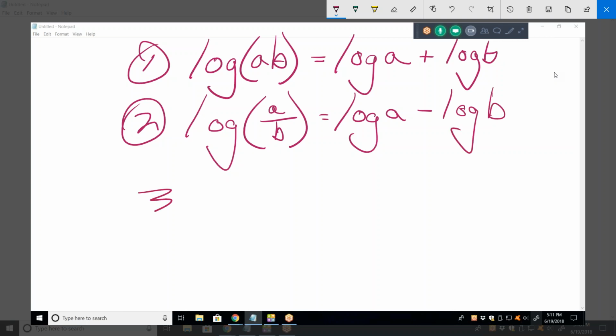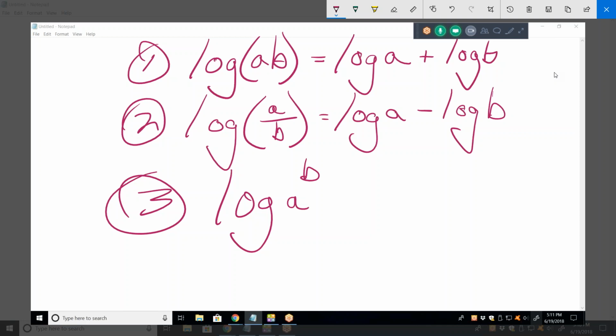And this might be the most non-intuitive one. But nonetheless, it's true. What's that? Do you know what that is? Log A to the B power. That's what's on the left. What is that equal to? Remember, these are 3 identities that you have to know.